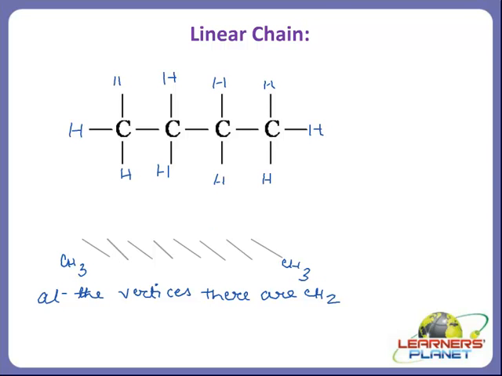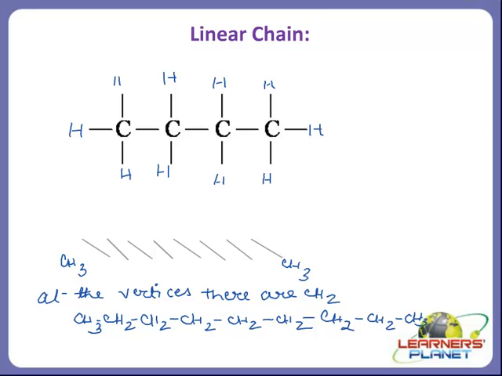And if I write it in the form of a chain, not the zigzag, it would be CH3, CH2, CH2, CH2, CH2, CH2, CH2. How many are there? 1, 2, 3, 4, 5, 6, 7 and CH3.